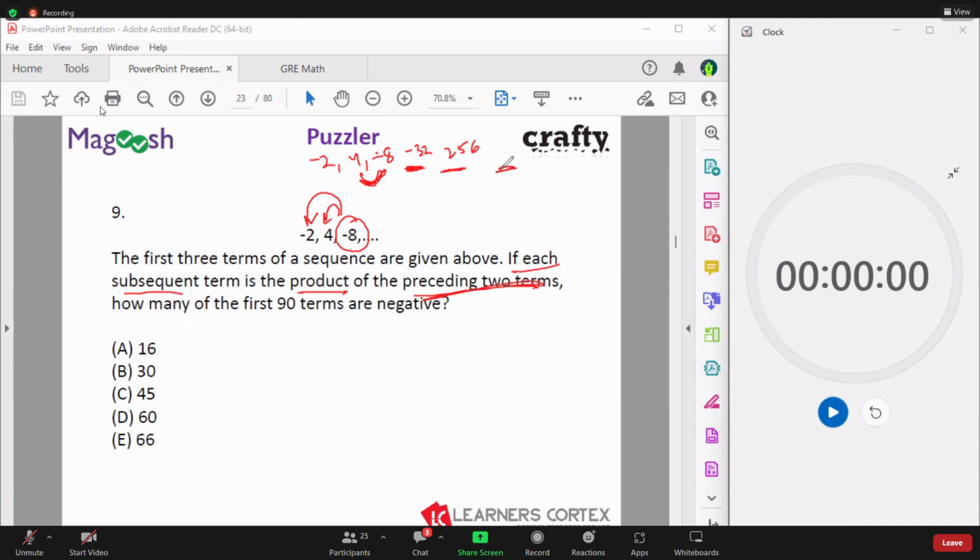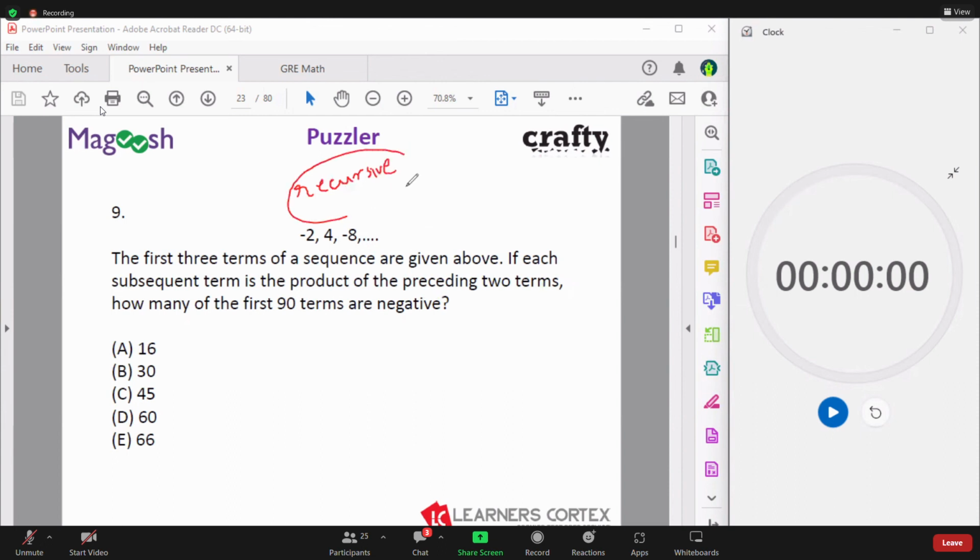Then the next would be 2 to the power 13, which is 8192, minus 8192. Why? Because this is negative and this is positive. So this here is known as a recursive series.